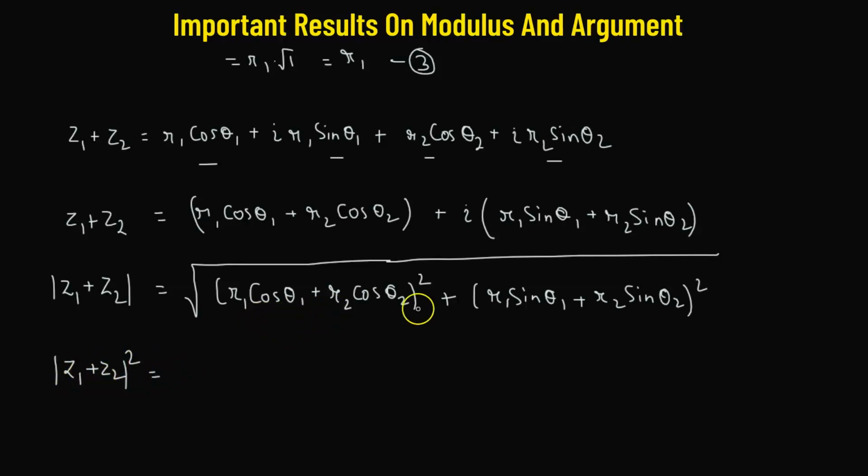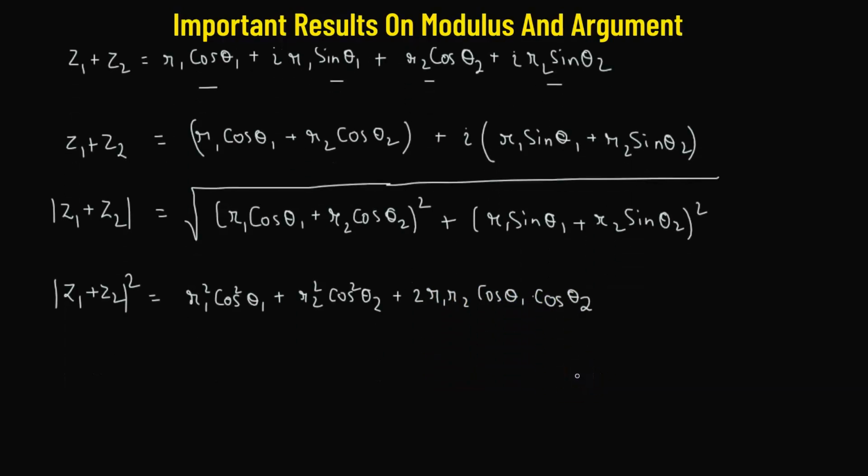Now let's square and add the combined terms within the square root. We don't have to use the square root now. So this will be r1 squared times cosine squared theta 1 plus r2 squared times cosine squared theta 2 plus 2 times r1 times r2 times cosine of theta 1 times cosine of theta 2.